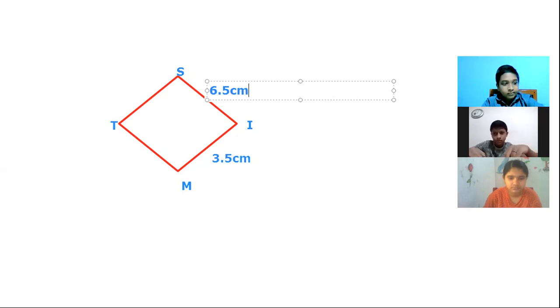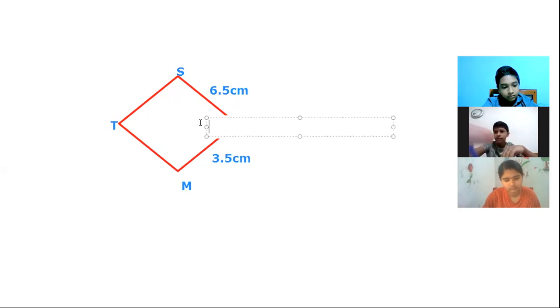Okay, now we have to construct this quadrilateral, and before that we have been given three angles also. Which are the angles we have been given? Angle M, angle I and angle S. What is the measure of angle I? The measure of angle I is equal to 105 degree.